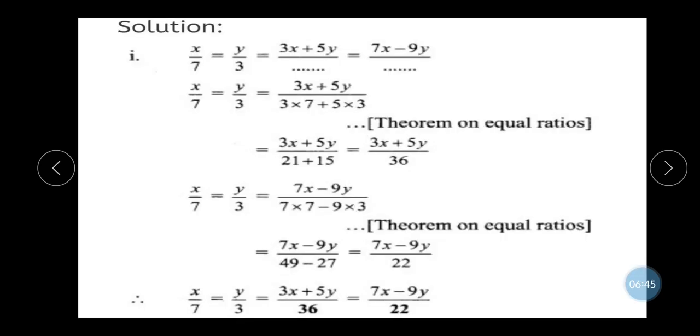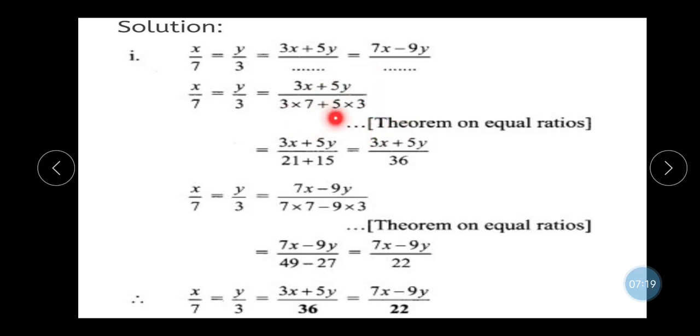Number 1. x upon 7 is equal to y upon 3 is equal to (3x plus 5y) upon dash is equal to (7x minus 9y) upon dash. So by using the theorem on equal ratios, we get x upon 7 is equal to y upon 3 is equal to (3x plus 5y) upon, instead of x we will be substituting 7 and instead of y we will be substituting 3.